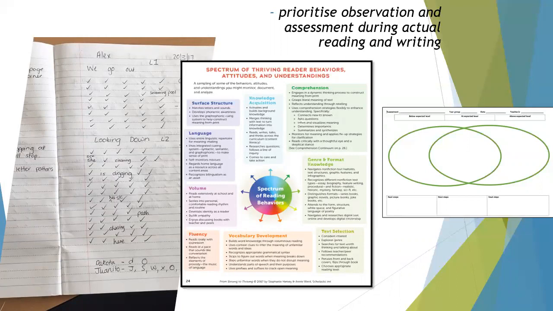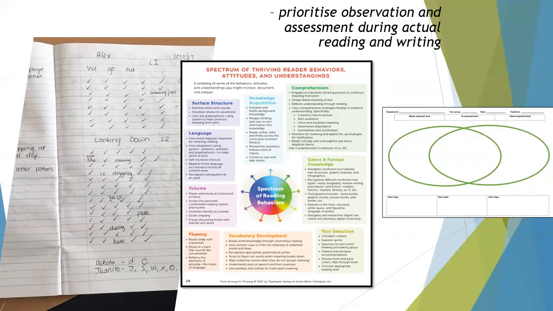And in the screen there is an example of a spectrum of reading behaviours taken from the work of Stephanie Harvey and Anne Ward. The other diagram there is the Venn diagrams, and what we suggest is that to help with differentiation ready for Essential Practice 3, you use these Venn diagrams to put the children who have not reached the benchmark that you're looking for on the left-hand side, in the middle the children who are around the benchmark, and on the right-hand side the children who have exceeded that benchmark.